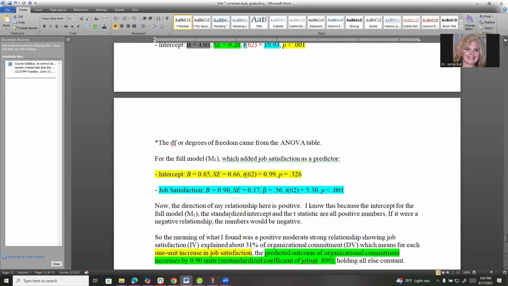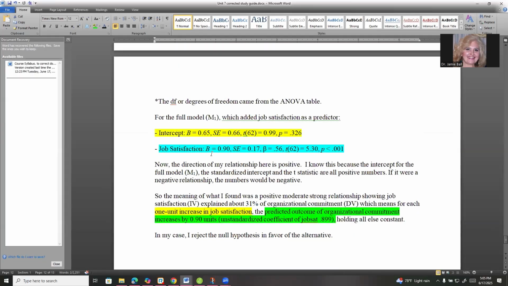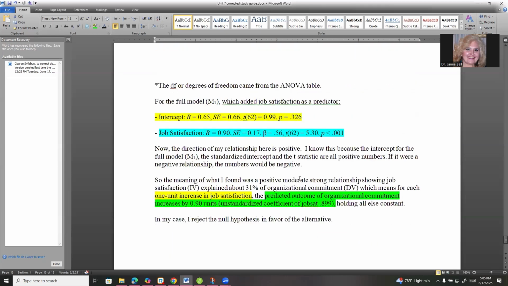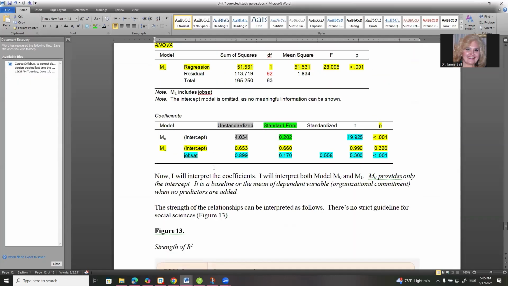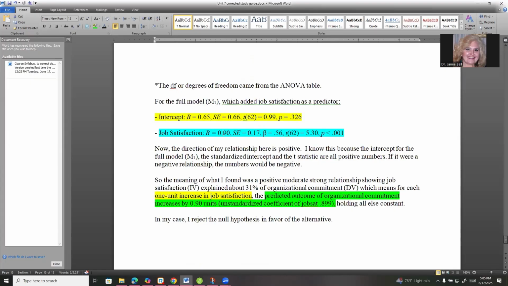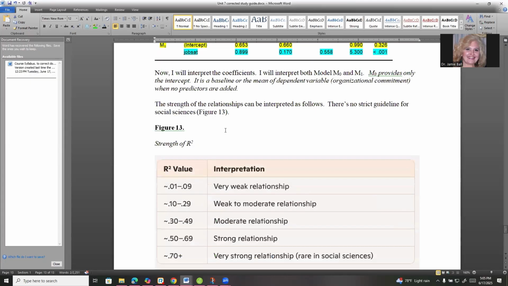Okay. And then finally, I'll report job satisfaction, the coefficient, which is 0.9, the standard error, the standardized coefficient of 0.56, and my T statistic. So what does that mean? Look at that right here. So it was significant. And basically what this means is 0.90, right? See where I got this from?